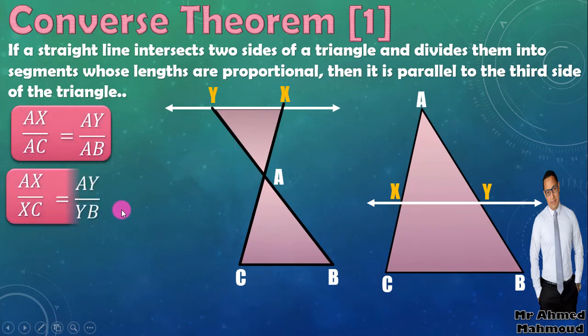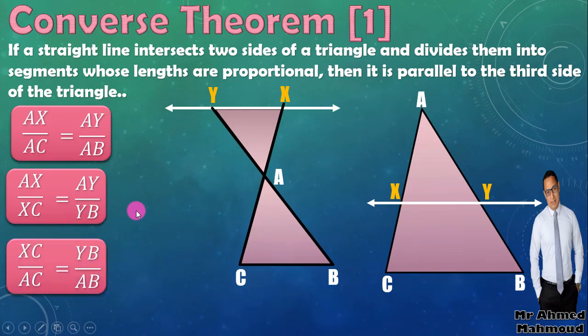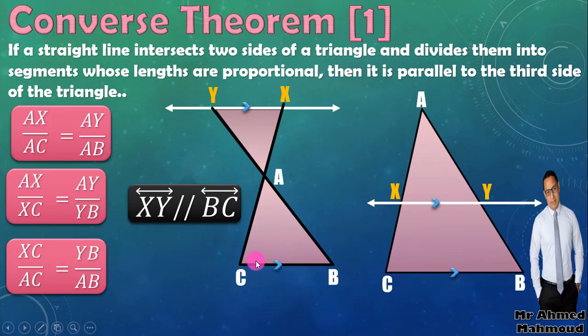This is the ratios that I explained: AX over AC equals AY over AB, and so on. So in that case we get that XY is parallel to BC, and like this here also XY is parallel to BC. This is the conclusion of this converse.